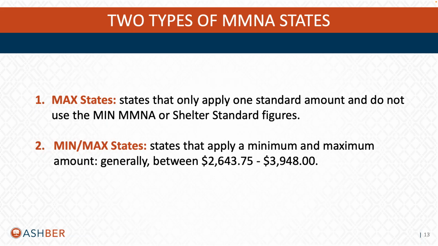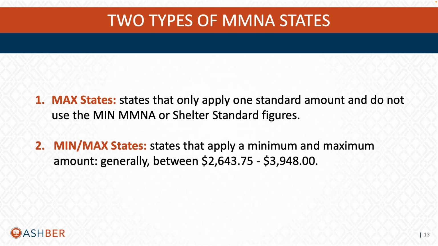You have states that utilize one MMNA, and then you have states that are referred to as minimum maximum states. The max states listed on the top there only apply one standard, and typically the minimum MMNA and the shelter standards are not even in play with these states.